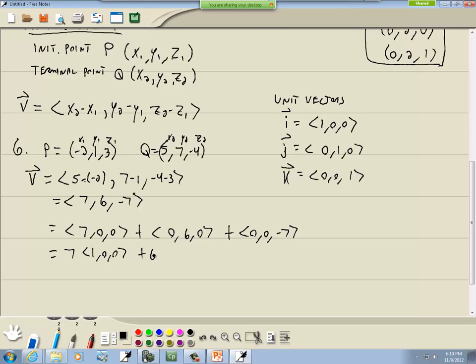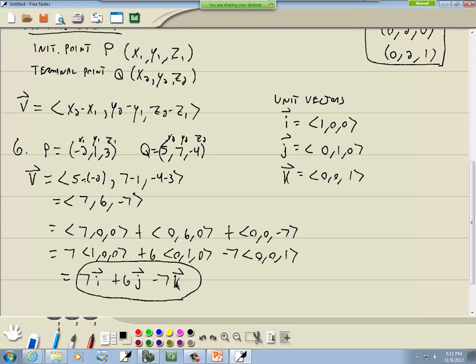We can factor our 6 out of here, and that gives us 0, 1, 0. And we factor a -7 out of here, and that gives us 0, 0, 1. Well, now this is the unit vector, so this becomes 7i plus 6j minus 7k. And that's our position vector. Let me save that.